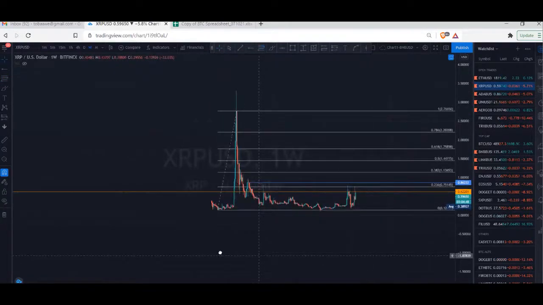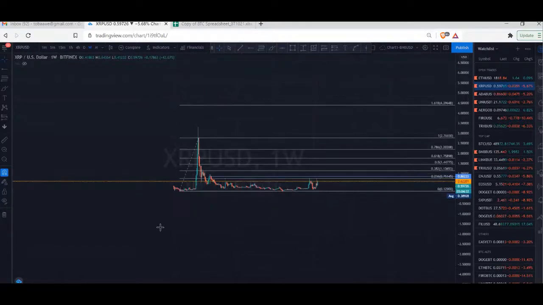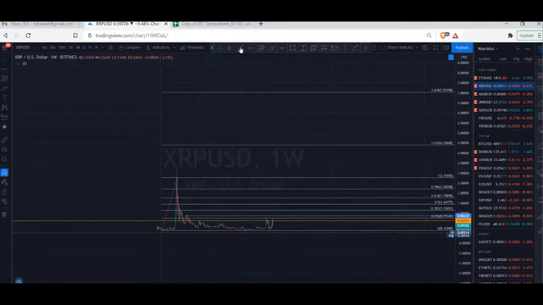So you see there are 2 different ways to draw your Fibonacci retracement. You can have a retracement, you can have a projection. So a retracement is drawing your line from low to high. Okay, from low to high is your retracement.